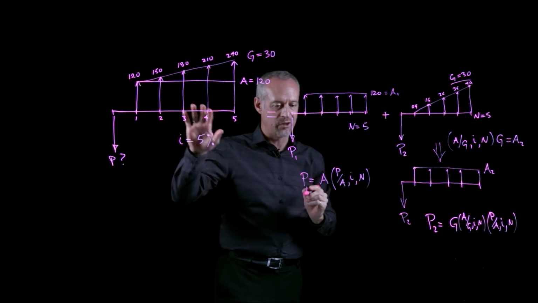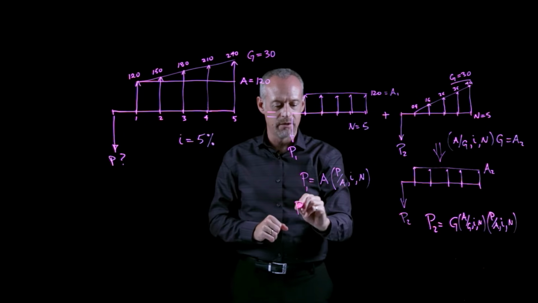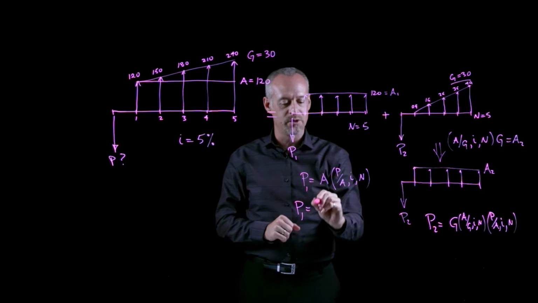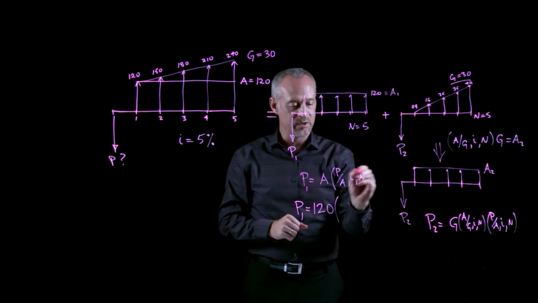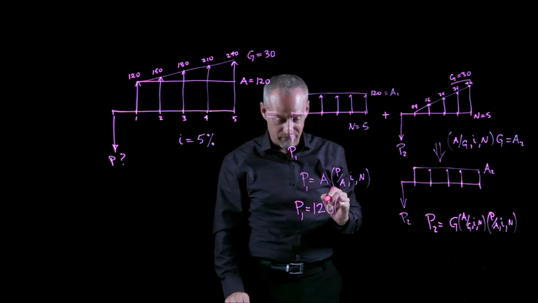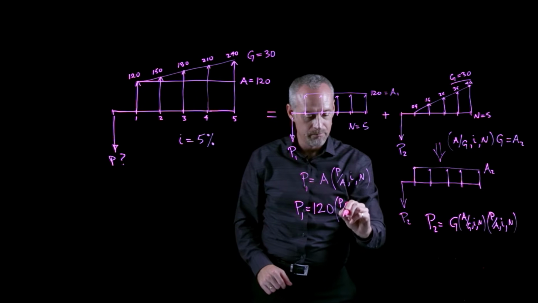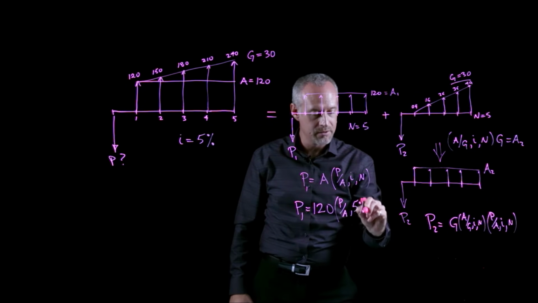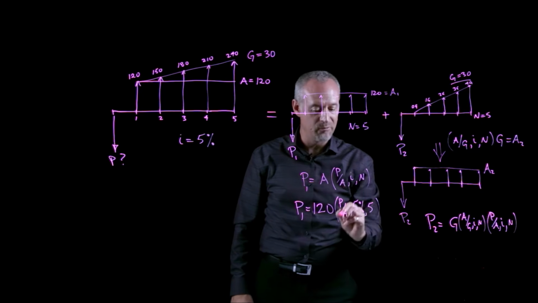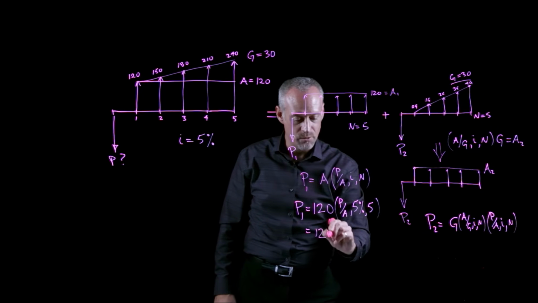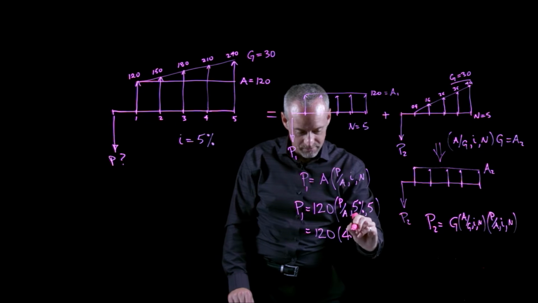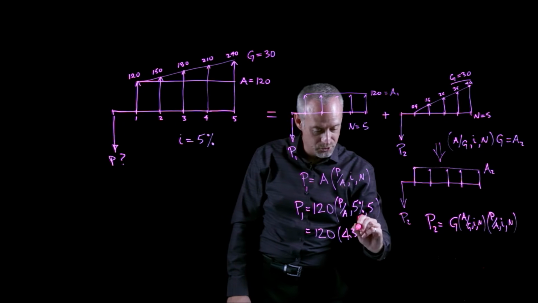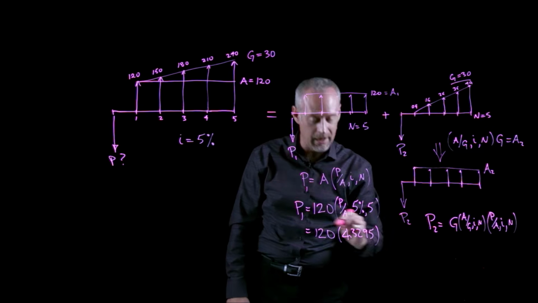So if I go ahead and work out what these values are, my P1 is going to be equal to the underlying annuity, the 120, times the P given A, I, N factor for 5% and 5 periods, which is equal to 120 times 4.3295.